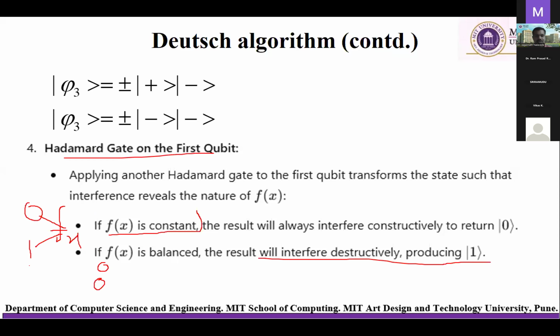Similarly, suppose next time we pass 0 and we get 1, and when we pass 1 we also get 1, then we can say that this system is again in a constant state. But if the output changes, first it is a 0 and second it is a 1, then it is called a balanced system.